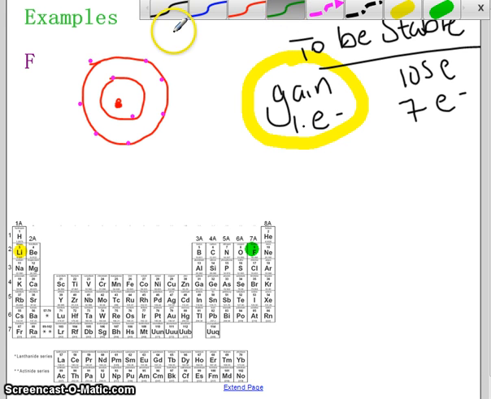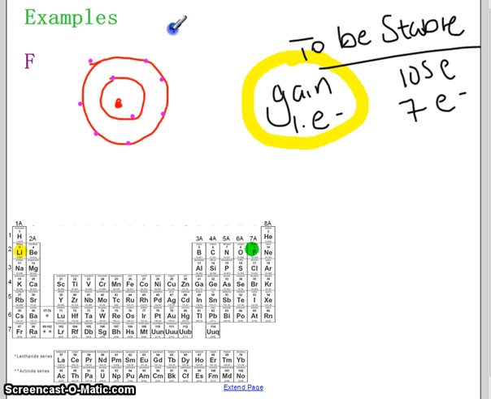So the way we show that, instead of having an arrow going out, we have an electron coming in. Okay? So now fluorine, atomic number 9, means it has 9 protons. So that means it has 9 positives. I'm not going to draw out all the plus signs, but you can if you need to.